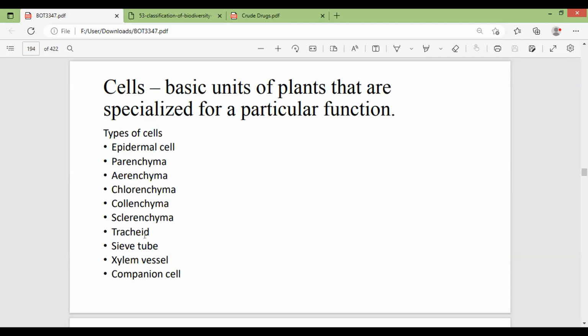So all of these types of cells: epidermal cells, from the basic understanding of the word epidermis, epicardium, right? Whenever you see this word epi, you always think of it as the outer covering.